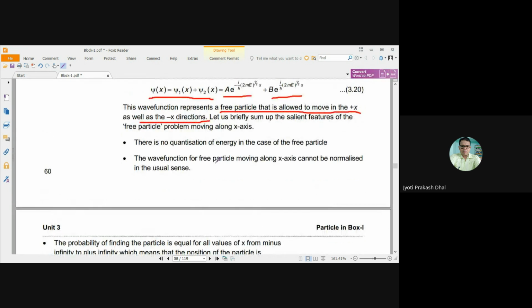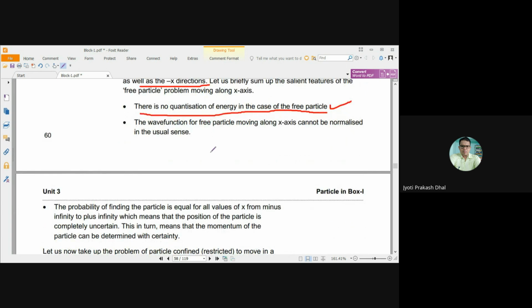So, for this long question, the conclusion of what we have discussed is, first, there is no quantization of energy in the case of the free particle. Second, the wave function of the free particle moving along the x-axis cannot be normalized in the usual sense.